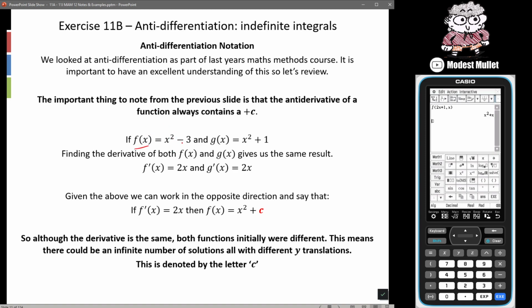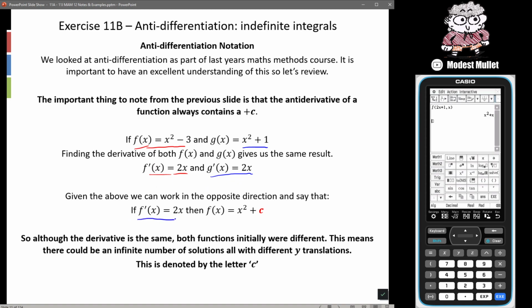If we started with f of x is equal to x squared minus 3x, we get the derivative of it and we get 2x. If we also take another function that is x squared plus 1 and take the derivative of it, we also get 2x. So anti-differentiation is asking, tell me the original function that could have this derivative.